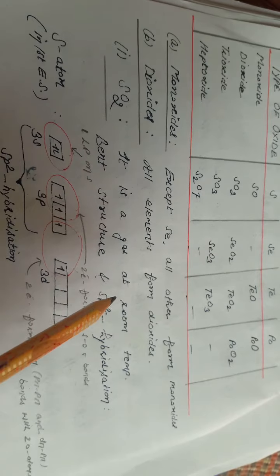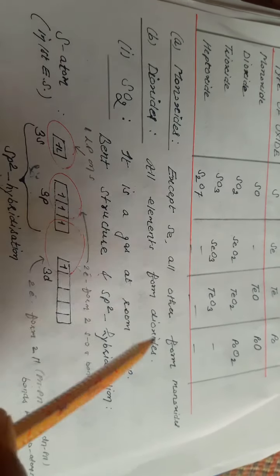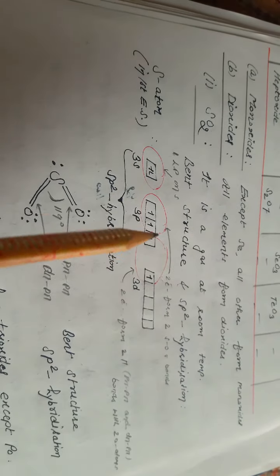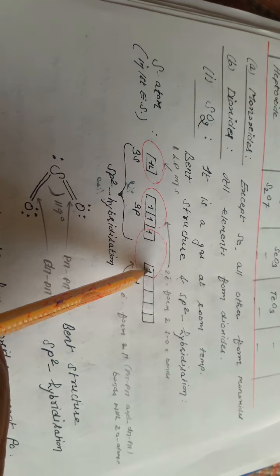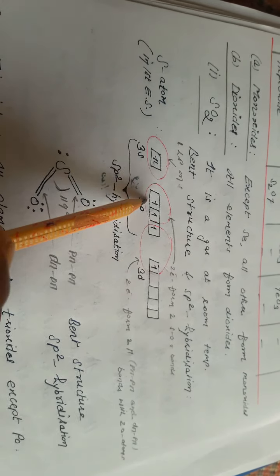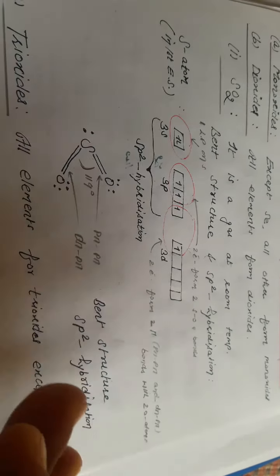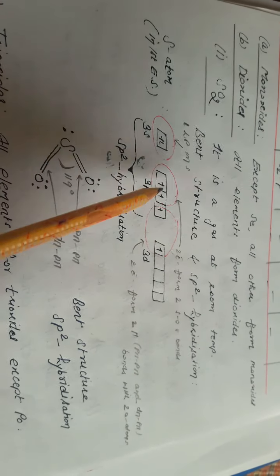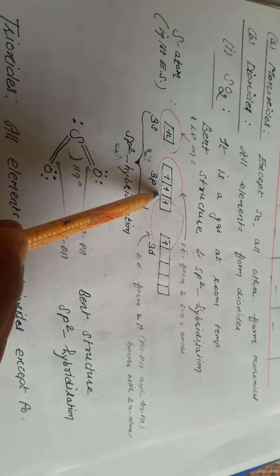It is a gas at room temperature. First is SO2 dioxide. Bent structure, sp2 hybridization. You can see in the first excited state, after the excitation of this electron to this, these are the unpaired electrons, and this one is the lone pair. So sp2 hybridization is shown by the 3s2 electrons and 3p electrons, by s and two p electrons.